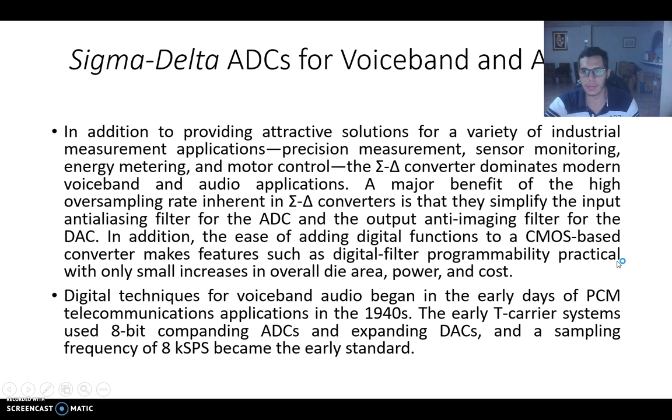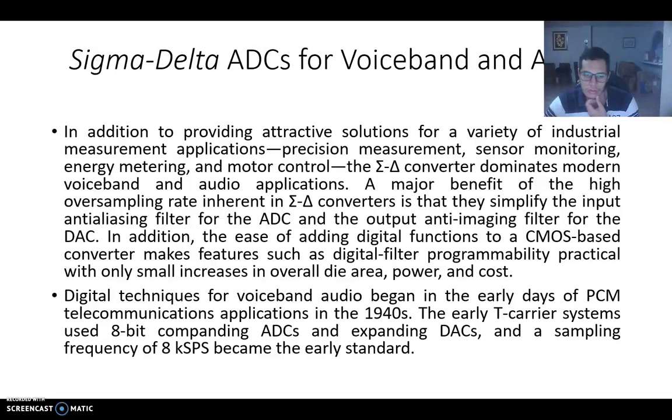Sigma-Delta ADC for voiceband and audio. In addition to providing attractive solutions for a variety of industrial measurement applications, precision measurement, sensor monitoring, energy metering, and motor control, the Sigma-Delta converter dominates modern voiceband and audio applications. A major benefit of the high oversampling rate inherent in the Sigma-Delta converter is that it simplifies the input anti-aliasing filter for the ADC and the output anti-imaging filter of the DAC.